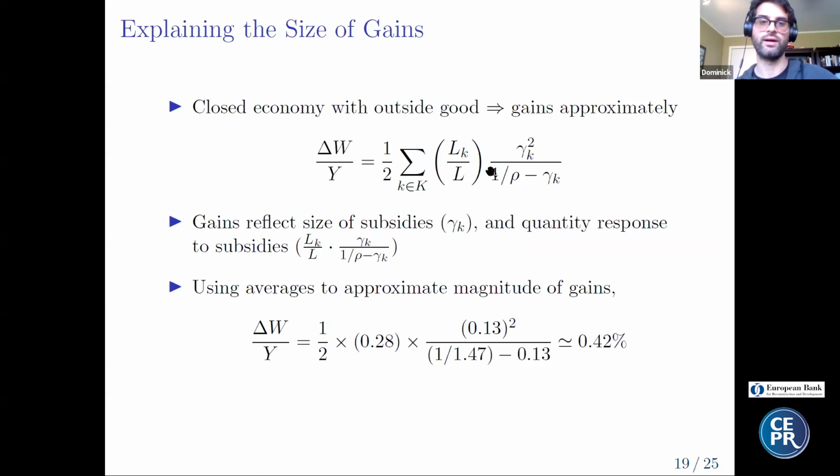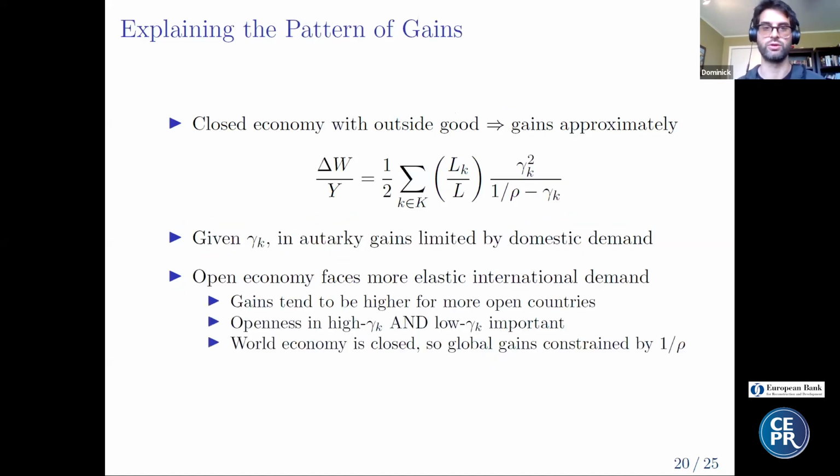Here's the formula, and you can see that the gains reflect the size of the subsidies, the gamma, and the quantity response to the subsidies, which is given by the labor share in sector K times this term here, which I'll explain more in a second. Using this crude formula to approximate the magnitude of gains, and using averages, so average labor shares in manufacturing, average scale economy, et cetera, we get roughly 0.4%, which is pretty close to what we see.